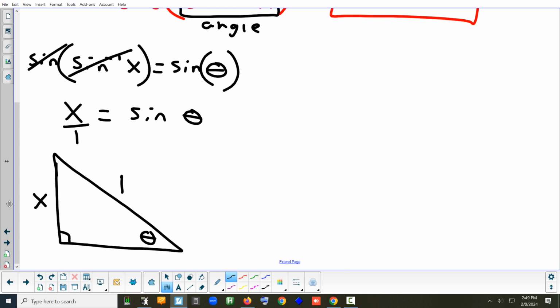What is cotangent? Cotangent is not adjacent over hypotenuse. It's 1 over tangent, the reciprocal of tangent.